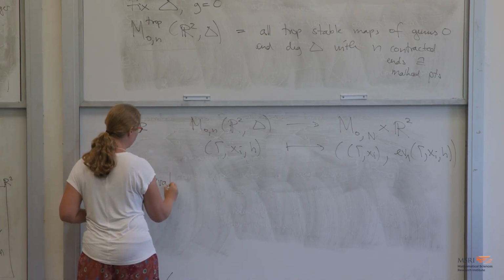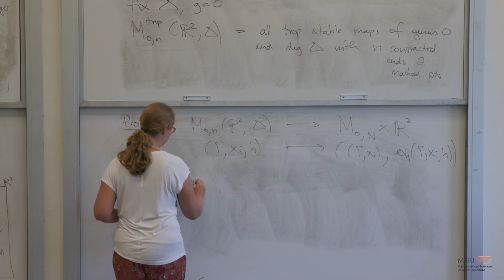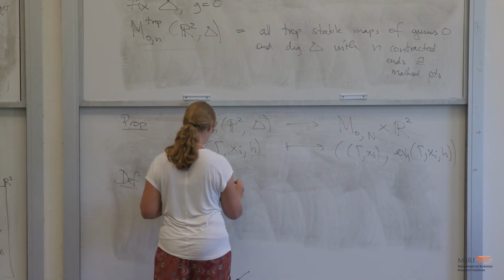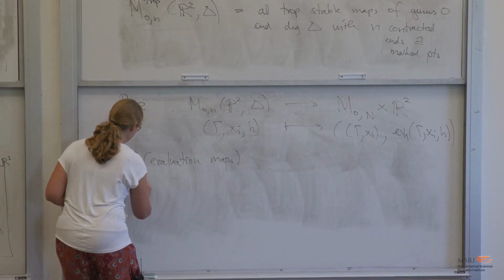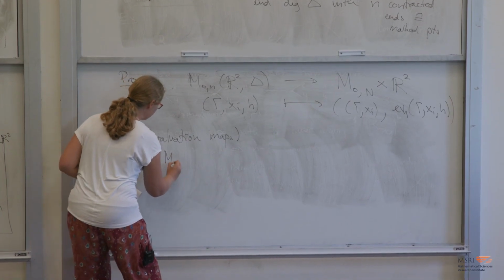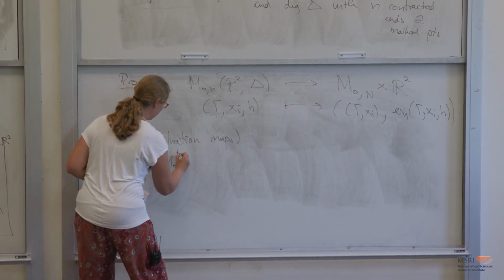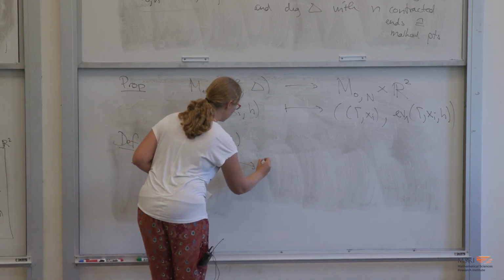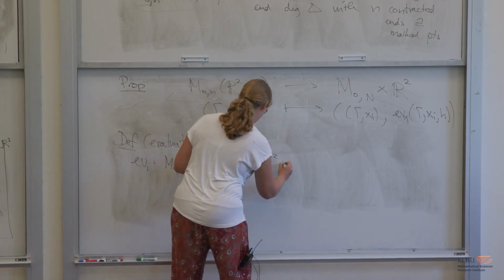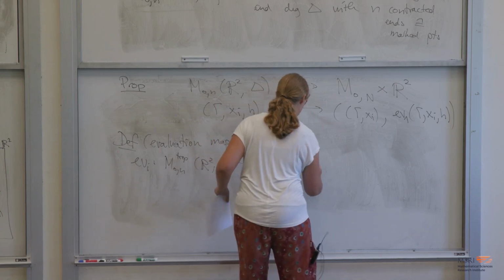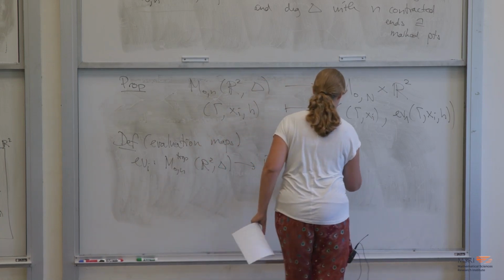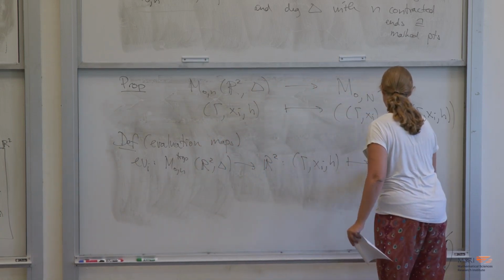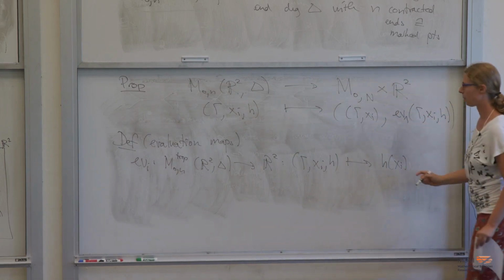I want to define in general evaluation maps ev_i going from M0,n trop of R2, delta to R2 and sending this tuple (gamma, xi, h) to just h of xi_i.